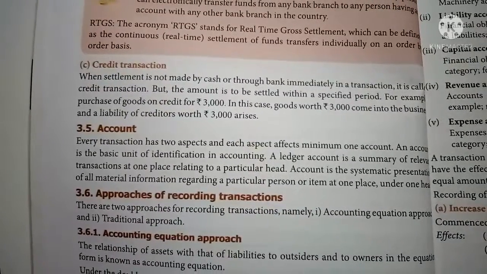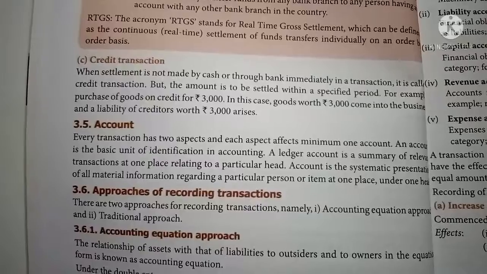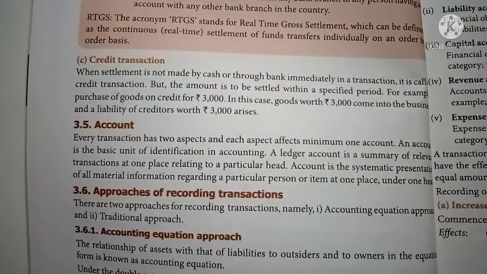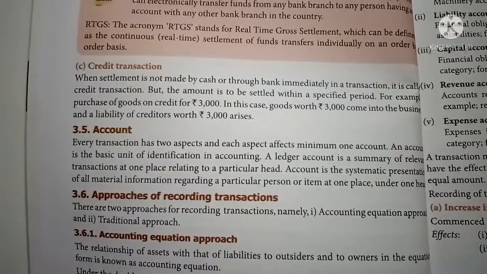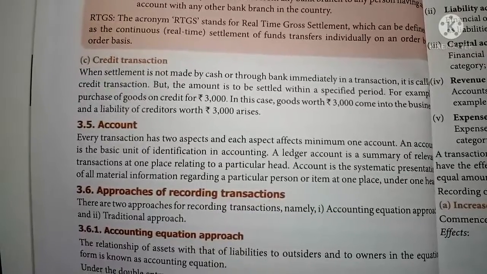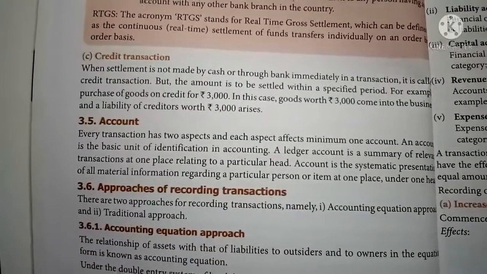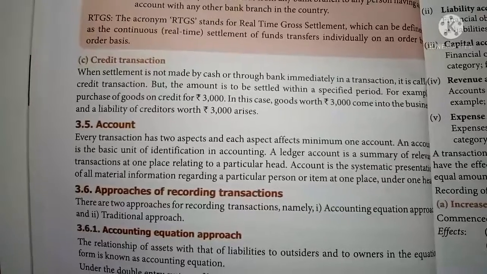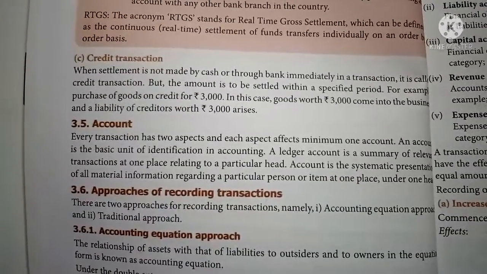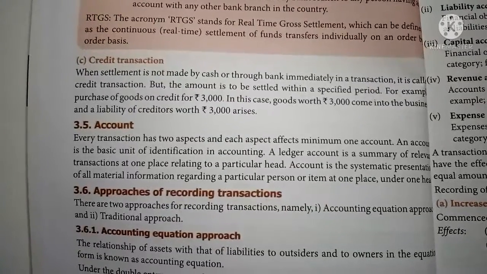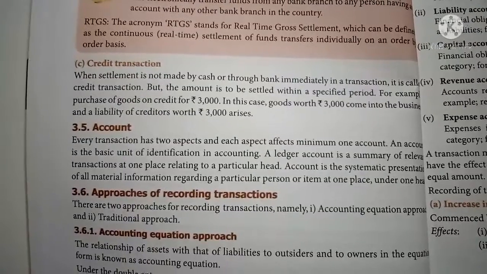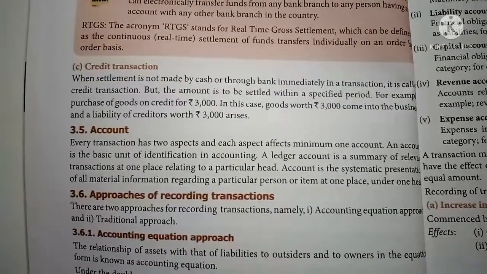A ledger account is a summary of relevant transactions at one place related to a particular head. It is also known as a ledger. An account is the systematic presentation of all material information regarding a particular person or item at one place under one head.